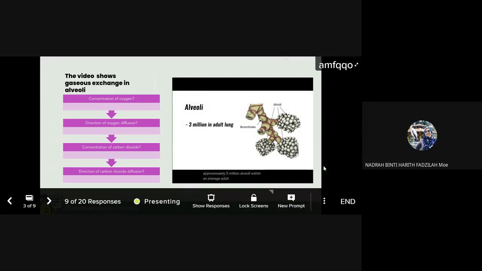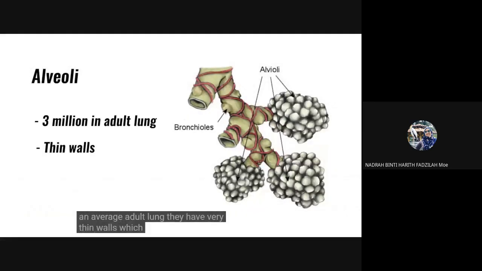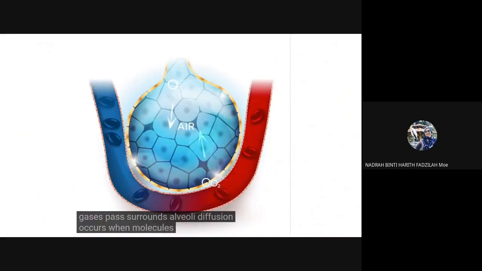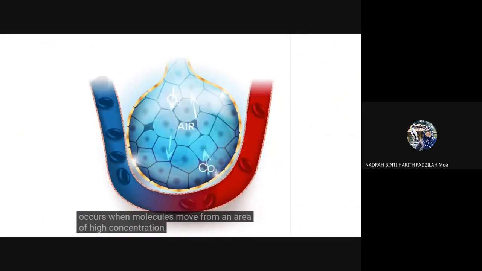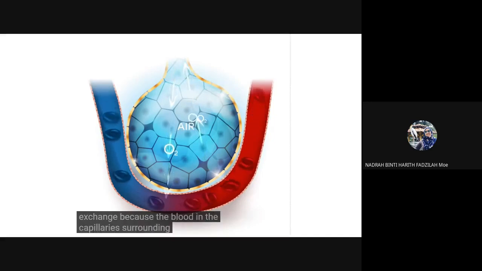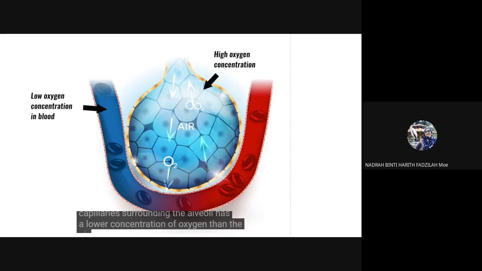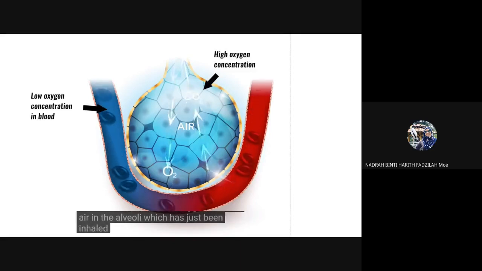Alveoli within an average adult lung. They have very thin walls, which permit the exchange of oxygen and carbon dioxide gases. A network of small blood vessels called capillaries, into which the inspired gases pass, surrounds alveoli. Diffusion occurs when molecules move from an area of high concentration to an area of low concentration. This occurs during gaseous exchange because the blood in the capillaries surrounding the alveoli has a lower concentration of oxygen than the air in the alveoli, which has just been inhaled.